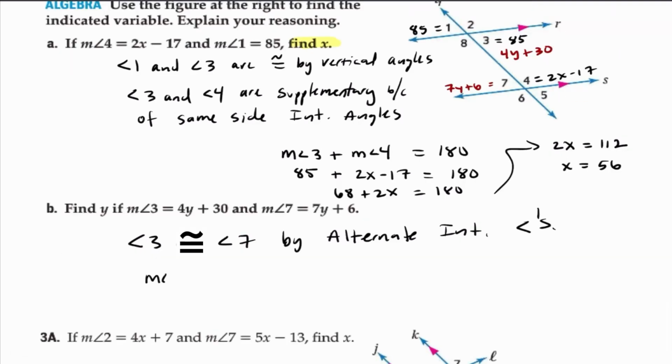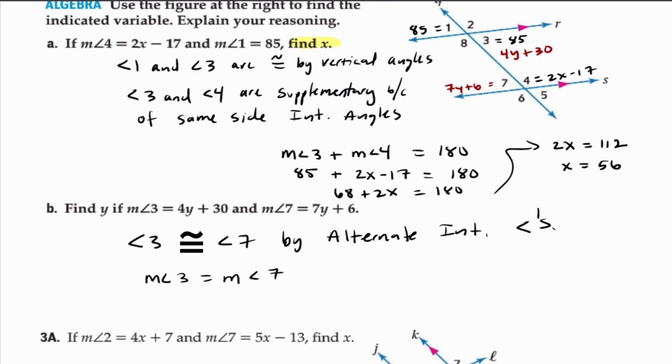So the measure of angle 3 equals the measure of angle 7. And by the way, this is in the language of algebra, and this is in the language of geometry. So the measure of angle 3 is equal to the measure of angle 7.